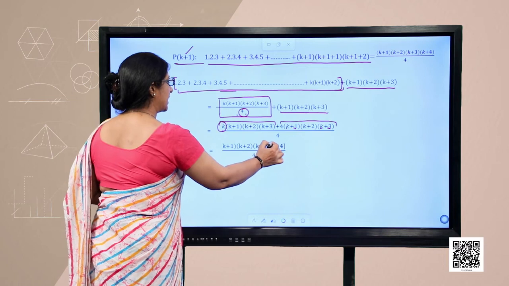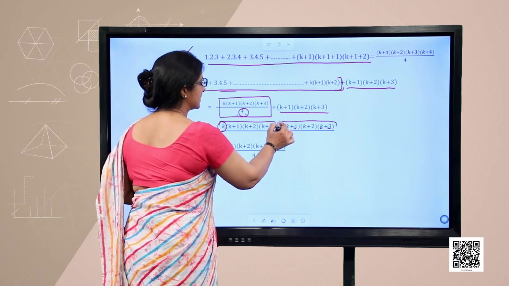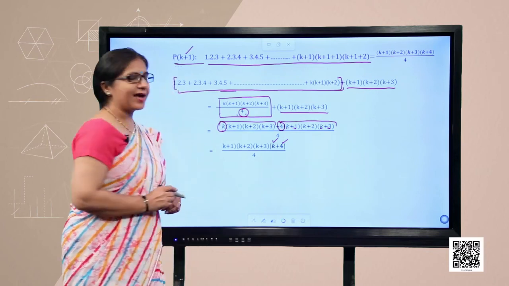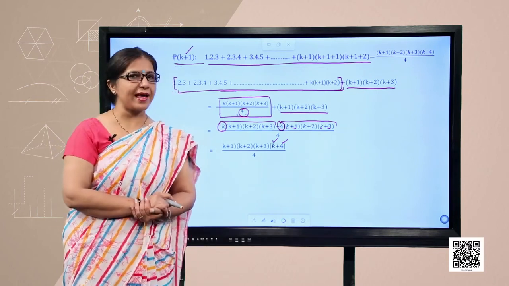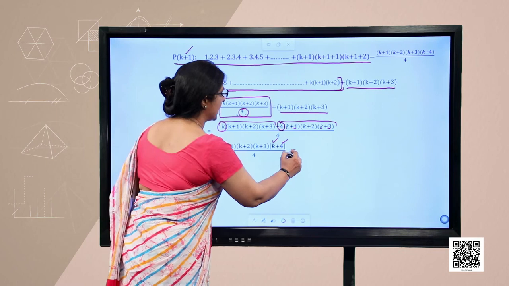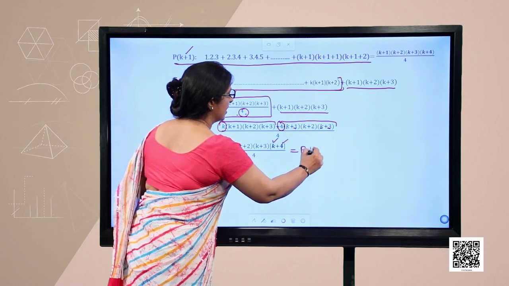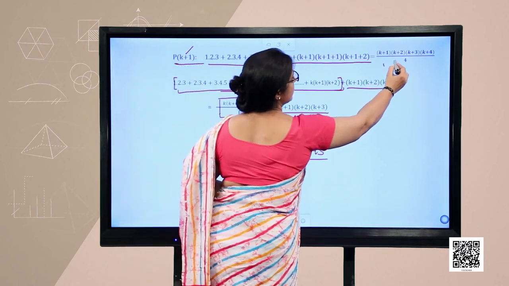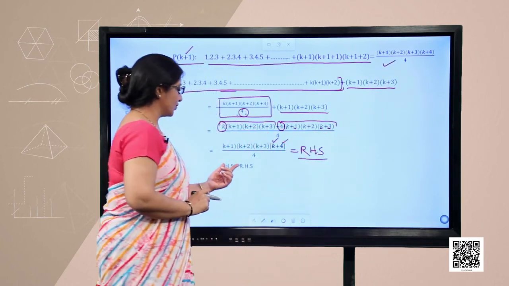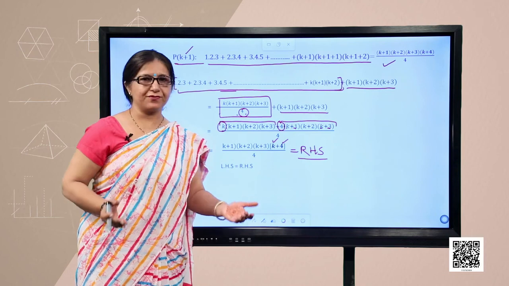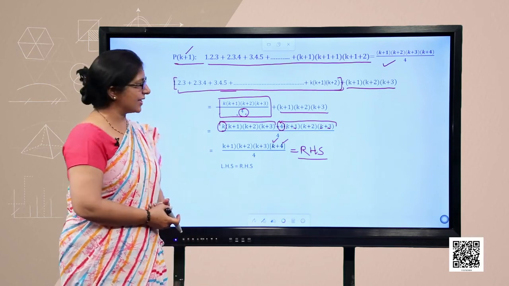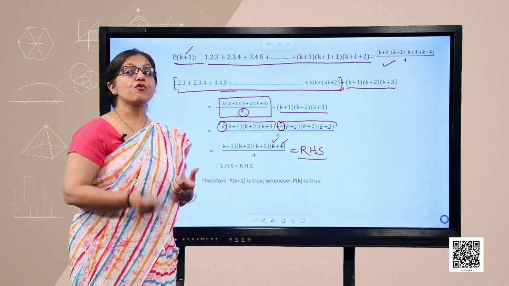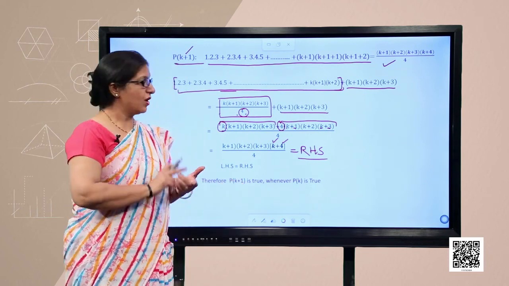Here k is left and here 4 is left, which will give us k plus 4, and this is the required expression, which is the right hand side, which was to be proved. This was the expression we needed. So, the left hand side is equal to the right hand side, and thus we can say that the statement Pk plus 1 is true whenever Pk is true.